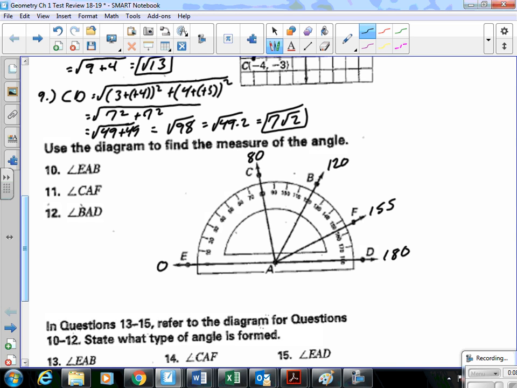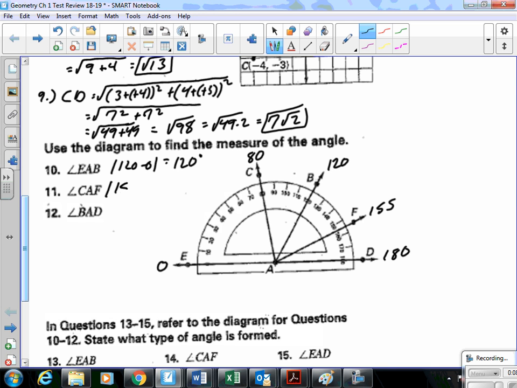So angle EAB is going from 0 to 120, so the absolute value of 120 minus 0, 120 degrees, because the measure of an angle is the absolute value of the difference of the values for the two rays. So angle CAF starts at C at 80 and goes to F at 155.